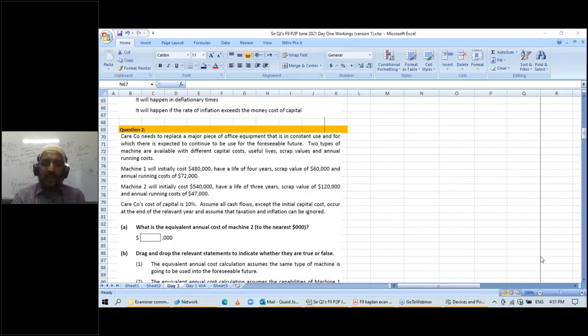One of the students asked how to pass FM in the first attempt. So one of the answers is that you do your basics well and do a lot of practice. First of all, do the past exam papers properly, and do the exam kits properly. Now, doing an exam kit only once is not enough.